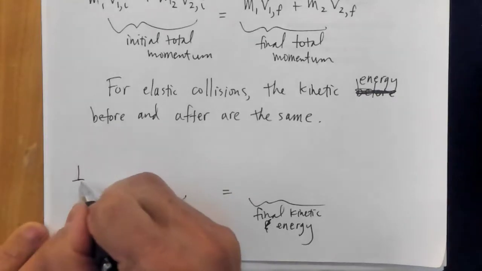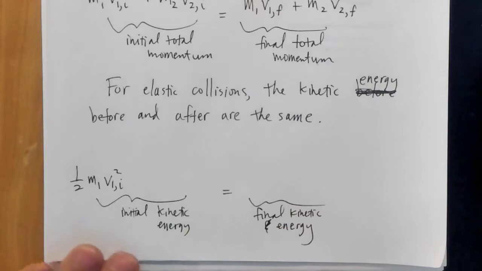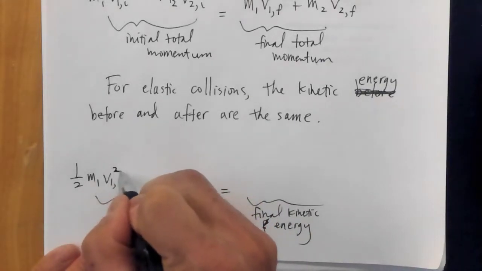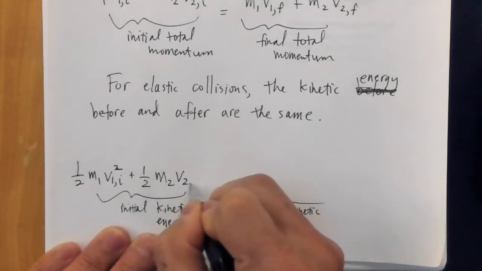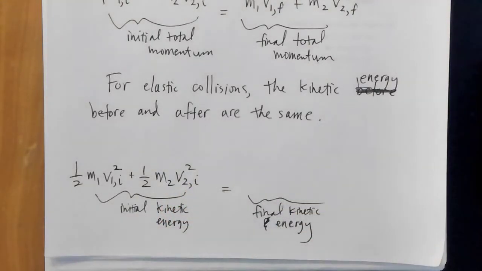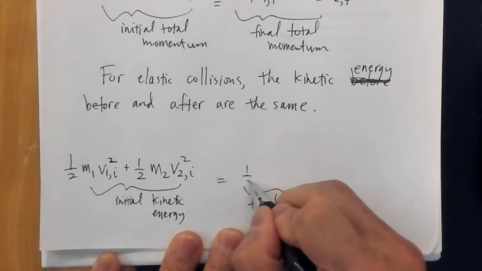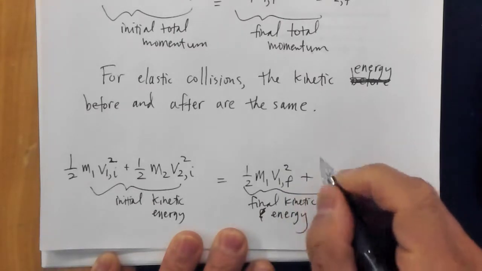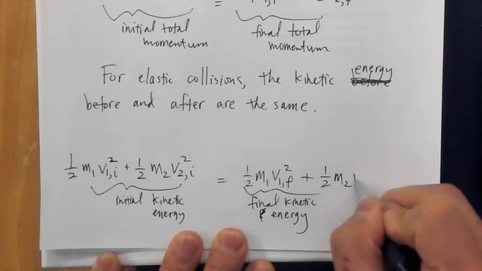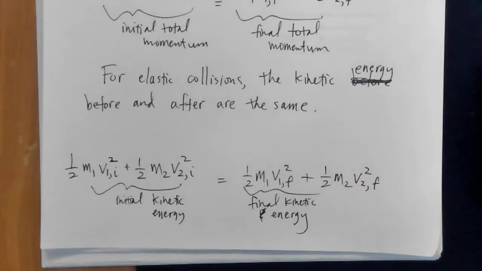It's 1/2 m1 v1 initial squared, the speed squared, plus 1/2 m2 v2 initial squared. And then we have it for the final case, 1/2 m1 v1 final squared plus 1/2 m2 v2 final squared. Okay?